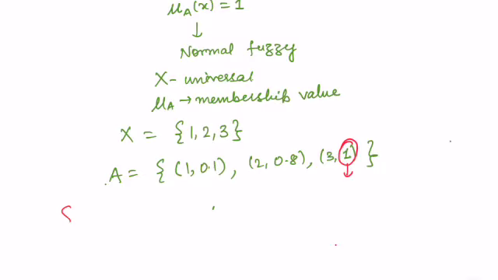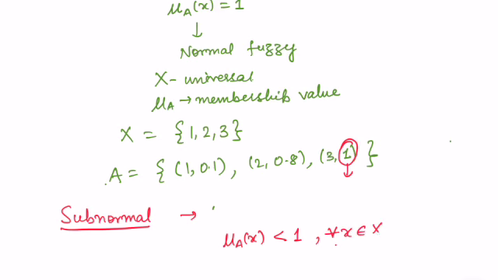If we move to subnormal fuzzy set, what do I mean by subnormal? It means a fuzzy set which is not normal. That is, mu A(x), the membership grade, is less than 1, and this holds for every x. That is, at no point the membership grade is equal to 1.